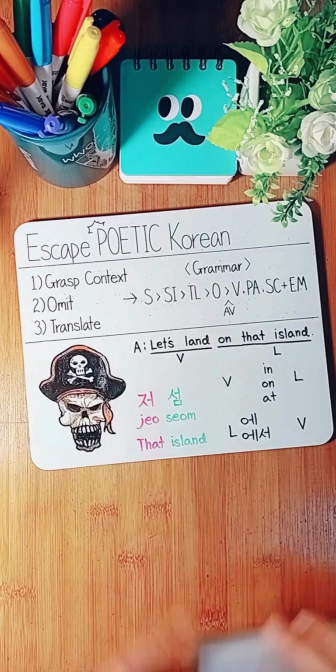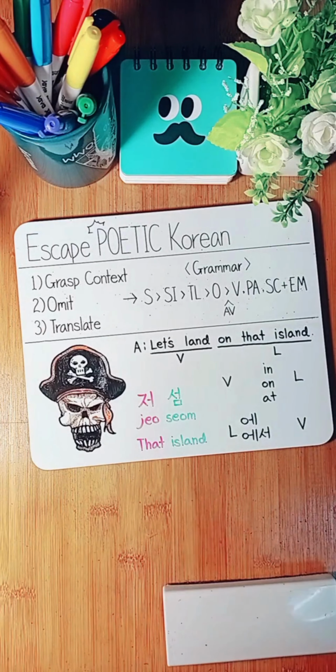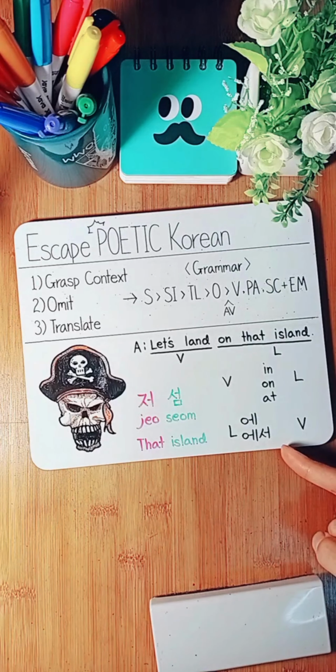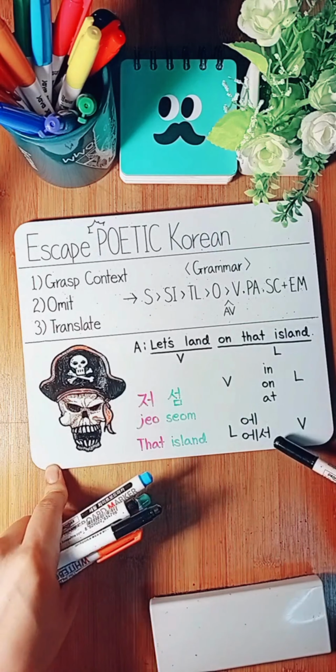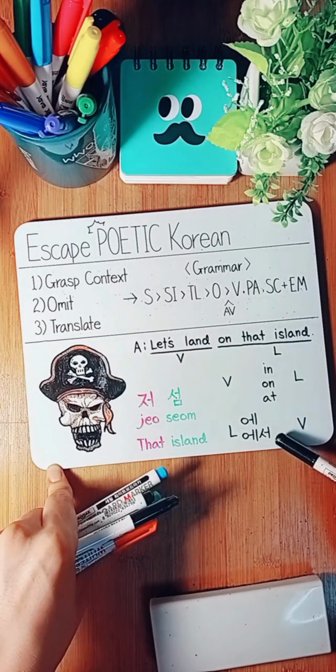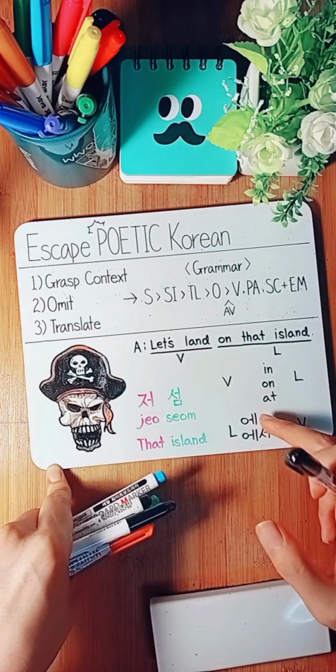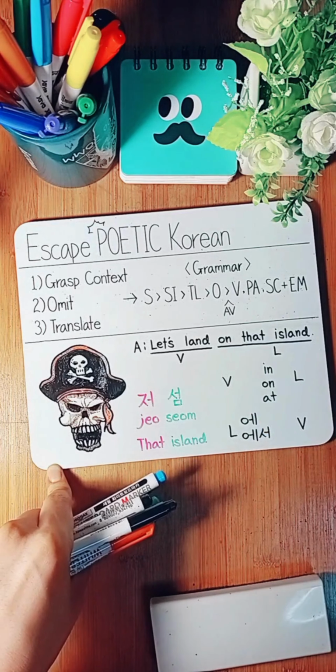Usually you will use 에서 more often. However, in this case, I'm going to use 에. So you have to be aware of which one to use according to the 문맥, the context, and always decide spontaneously on the spot. Why is that?